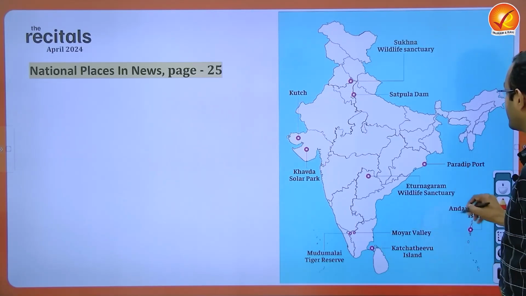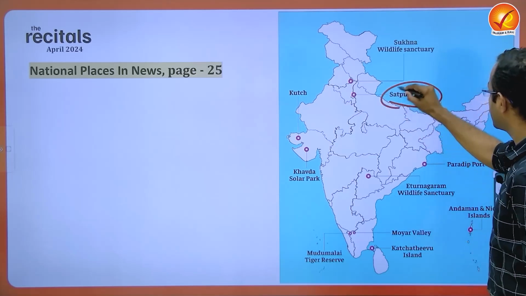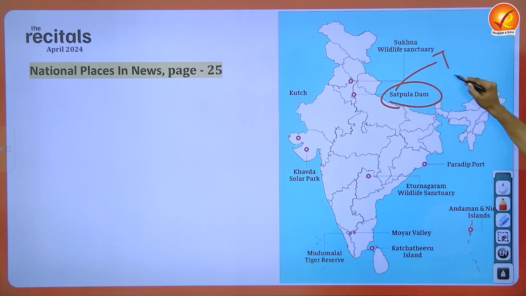The next one, Satpula Dam. Sat here means 7, pula means bridge opening.